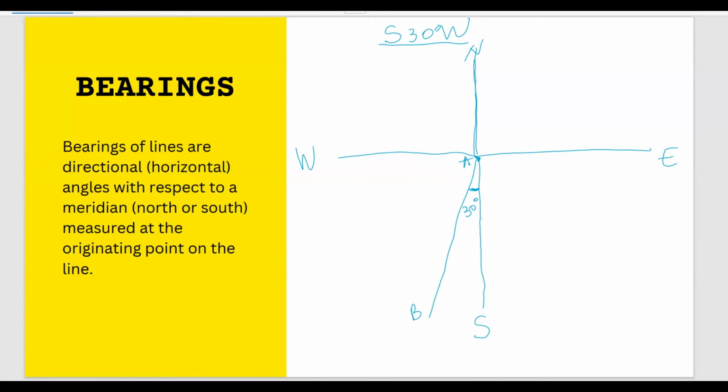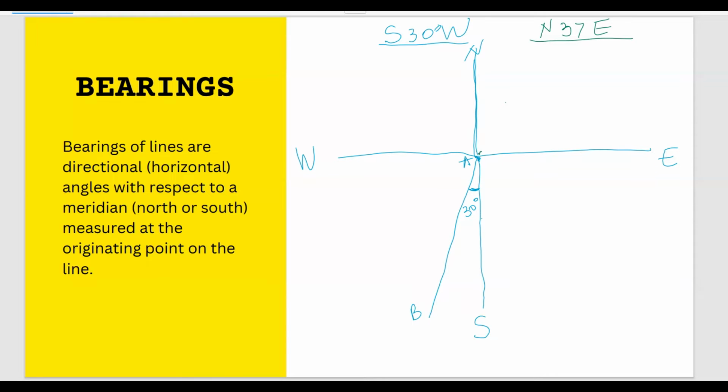Let's take another bearing. Let's say I have north 37 east. Right away, you can look at this coordinate system and you know you're going to be situated in this first quadrant.